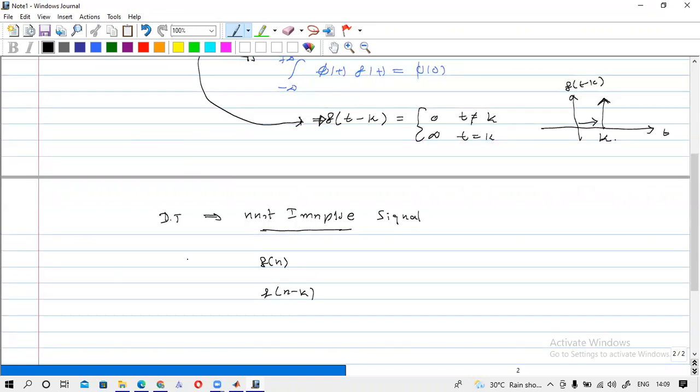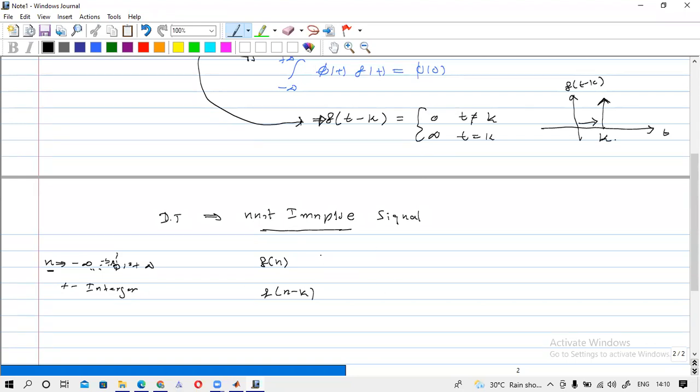This n is the sample index, and it can be an integer from minus infinity to plus infinity, including 0. So it can be 0, 1, 2, up to infinity, minus 1, minus 2, up to minus infinity. This n is an integer value, plus or minus.